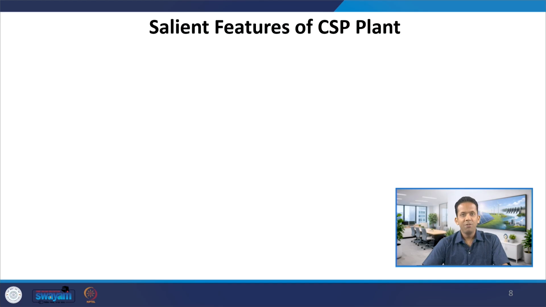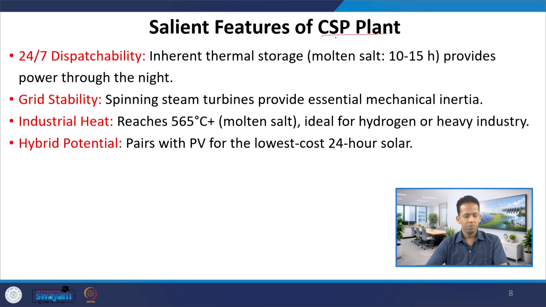Let us look at salient features of CSP plant. So, concentrated solar thermal power plants have 24/7 dispatchability. It can be operated 24/7 if we have the proper storage system in it, because solar thermal actually has inherent thermal storage, and fluids like molten salt can store the energy for 10 to 15 hours easily.